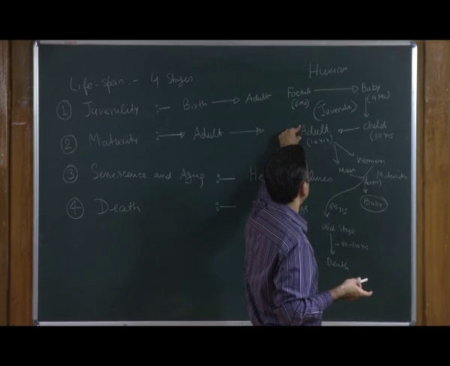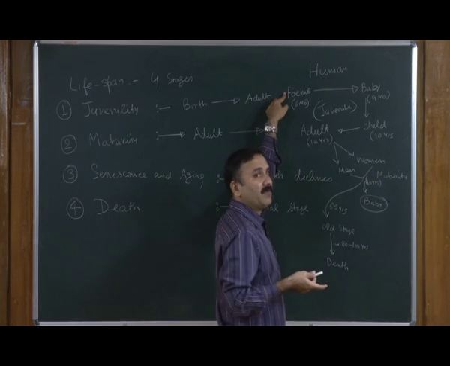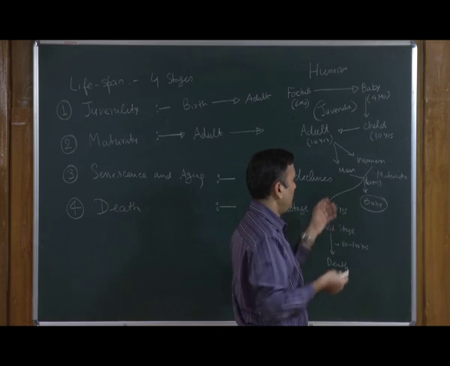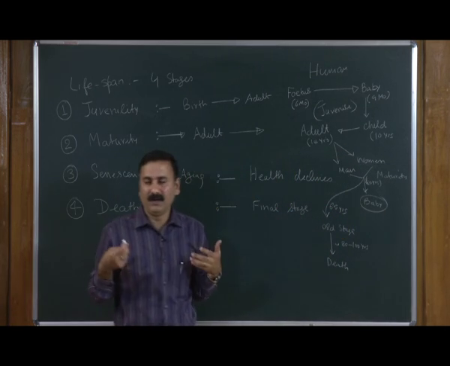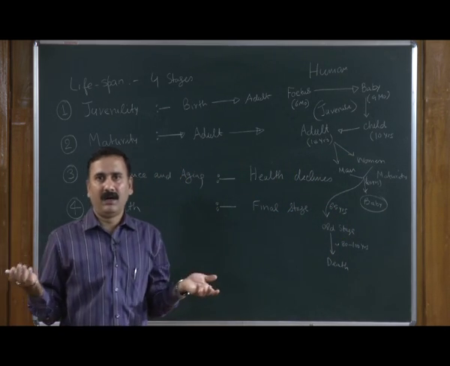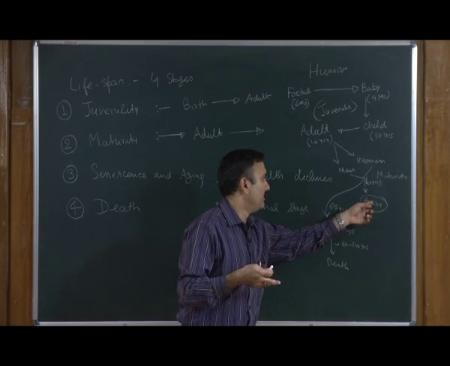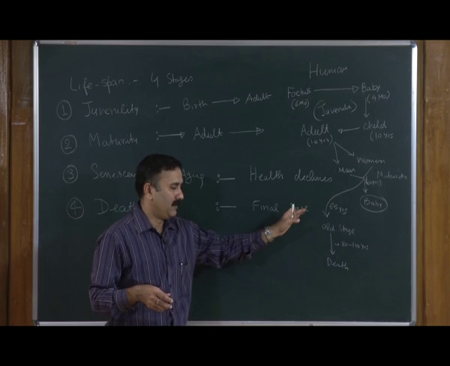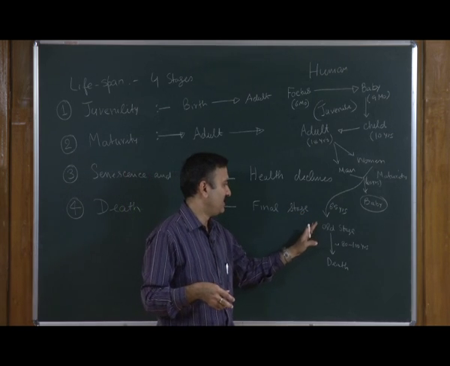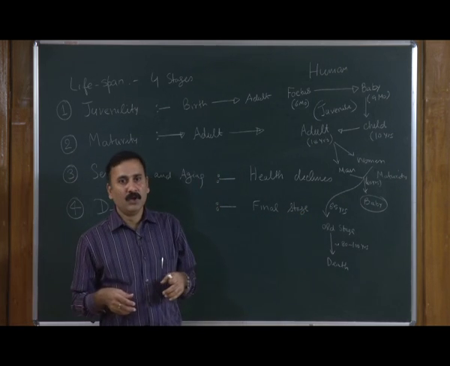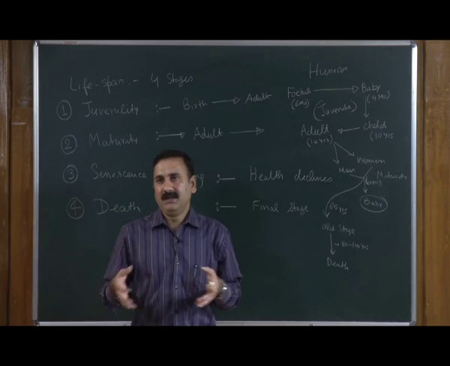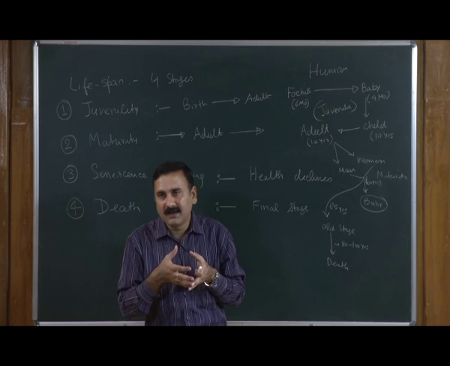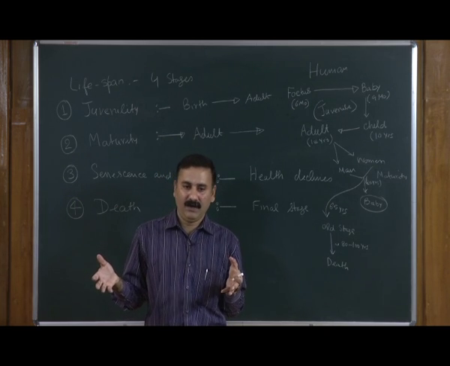At this stage the adult is actively participating in bringing forth offspring, and then goes through senescence as well as the cell death stage, and then ultimately death. So, every organism in its lifespan is passing through different distinct stages.